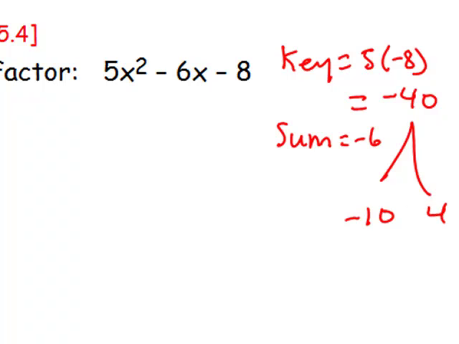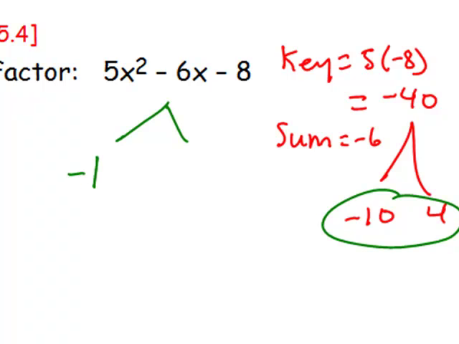Now this is a multi-step factoring, and we take the negative 6x, remember, and split it up into the values that we found here. Not exactly negative 10 and 4, but instead negative 10x and positive 4x. The 5x squared is still there, and the minus 8 is still there.